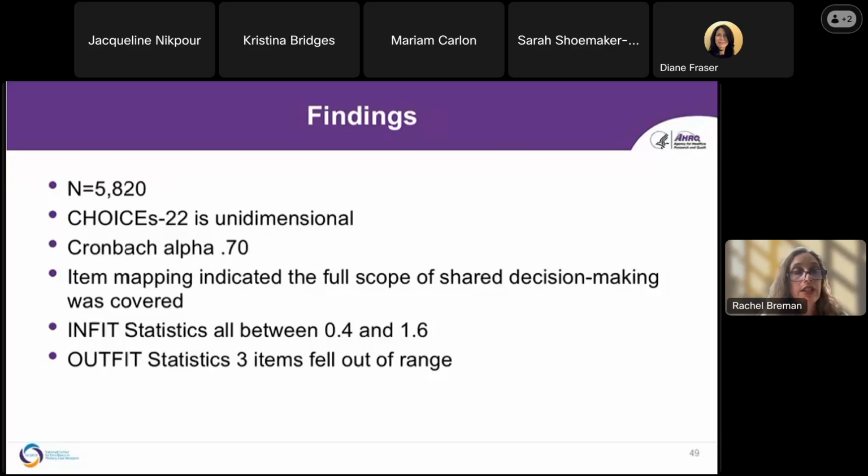Just to understand how CHOICES was developed and how the items work, it's considered a unidimensional measure. It has a Cronbach's alpha of 0.7, which is good. And the item mapping indicated that we covered the full scope of the concept of shared decision-making. There are different pieces of shared decision-making, and I'm happy to have a conversation about that because I think about this all the time.